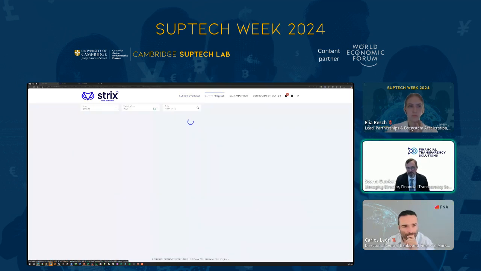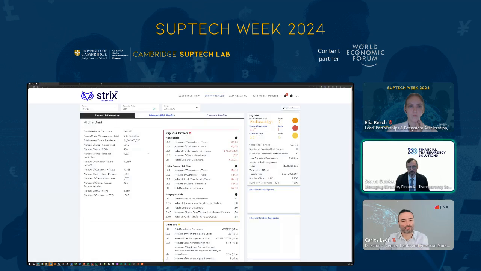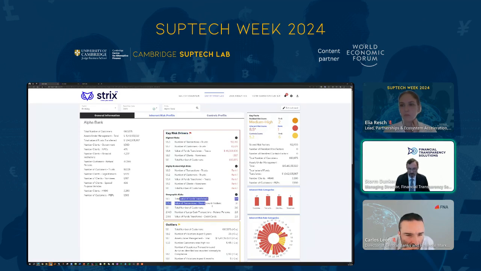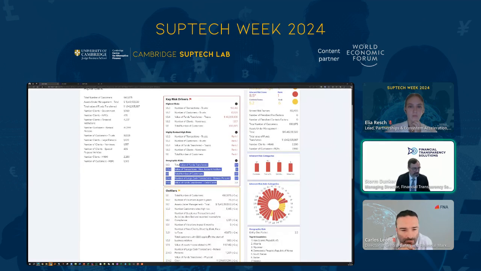Every entity has their own dashboard, so we can see highlights of their information, the key risk drivers. These are the riskiest things that these entities are engaged in, their most geographically sensitive activities, and then outlier detection for controlling the quality of data that may have passed some of the data validation checks that were originally done.